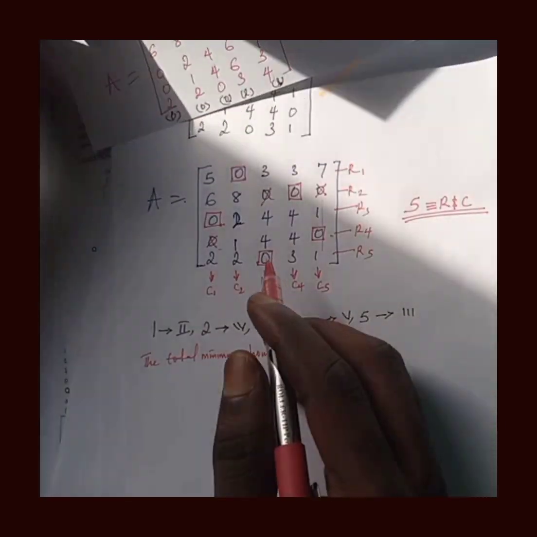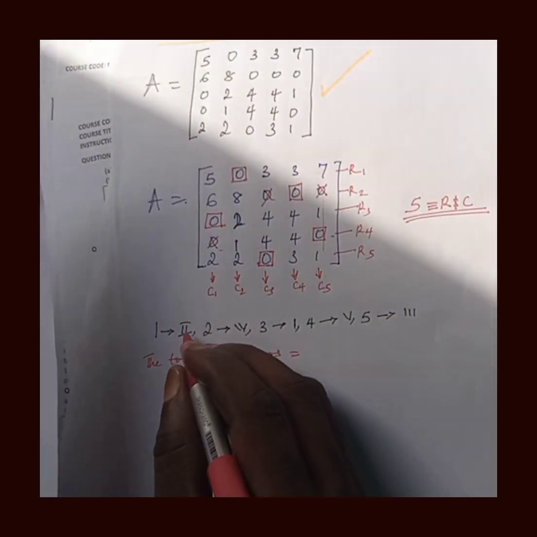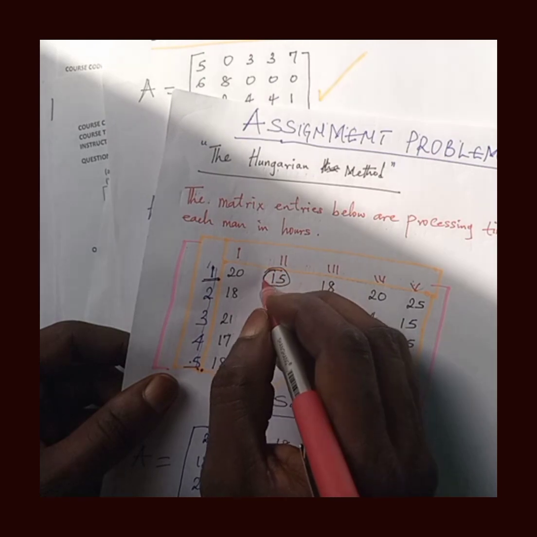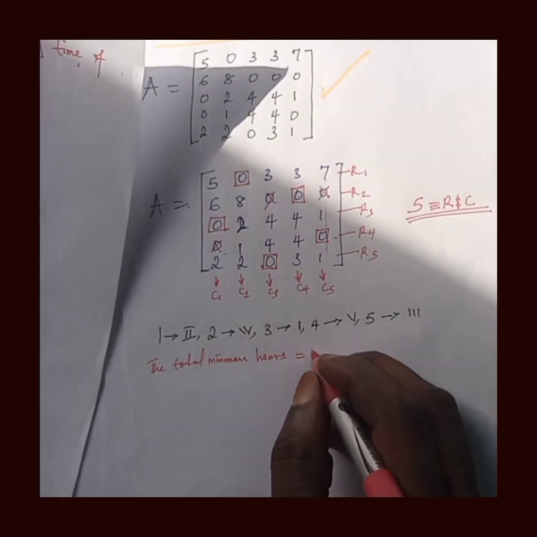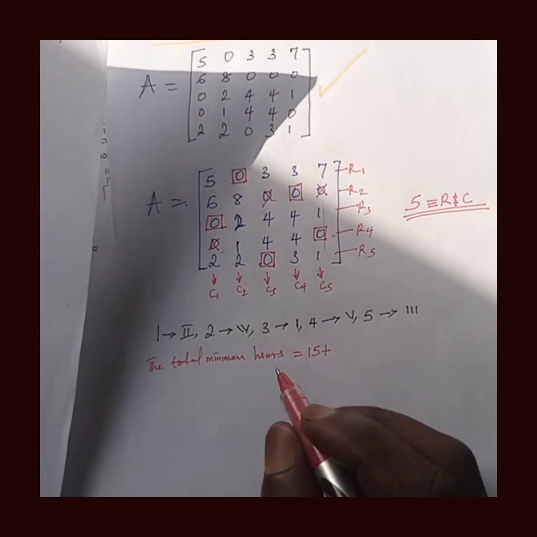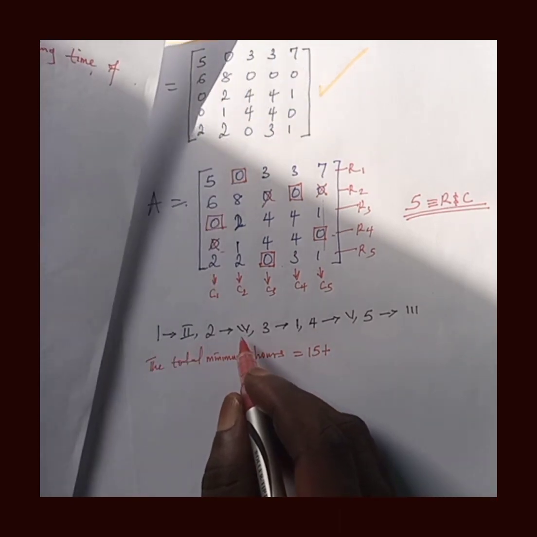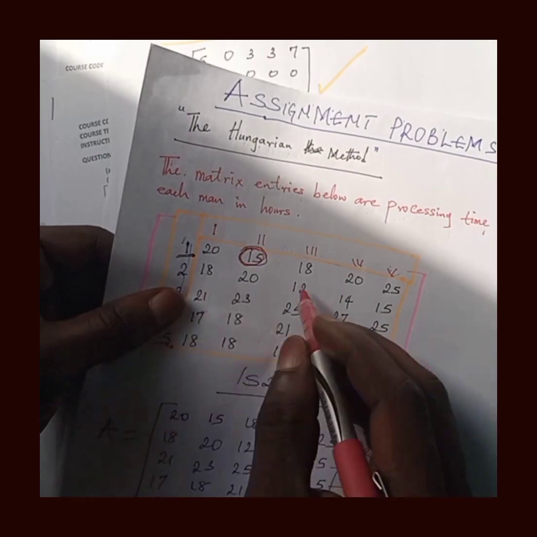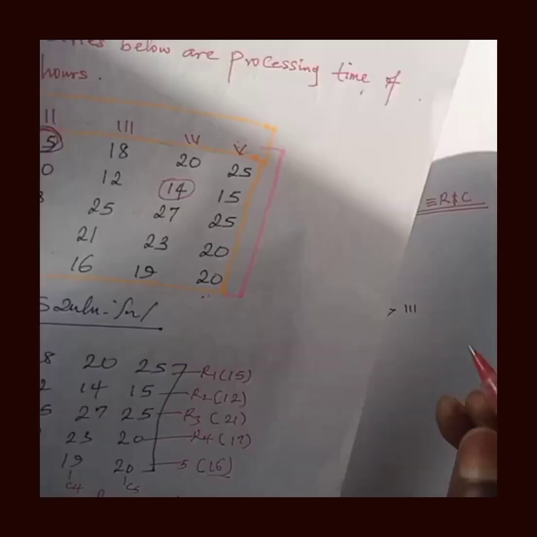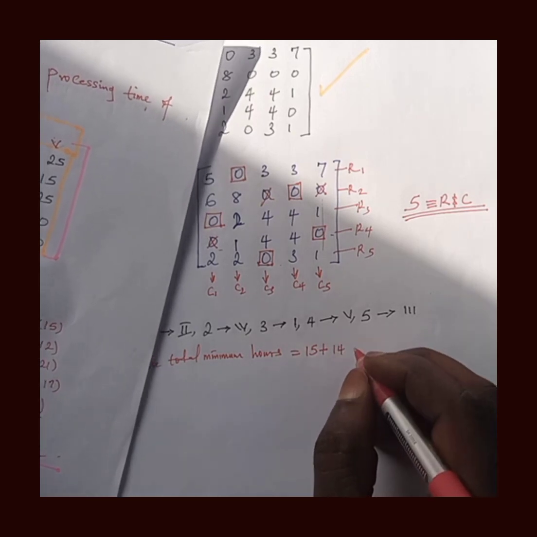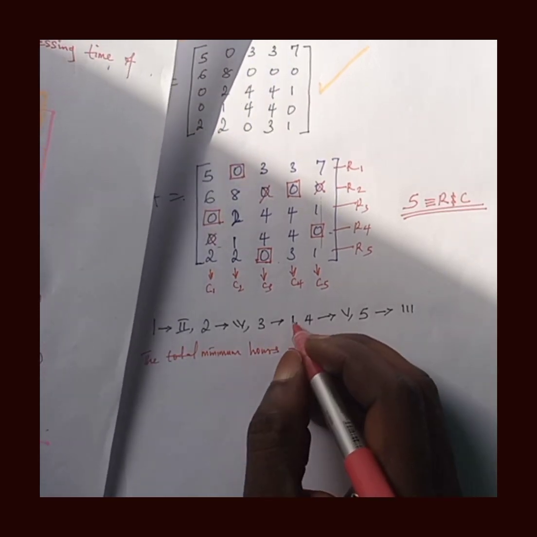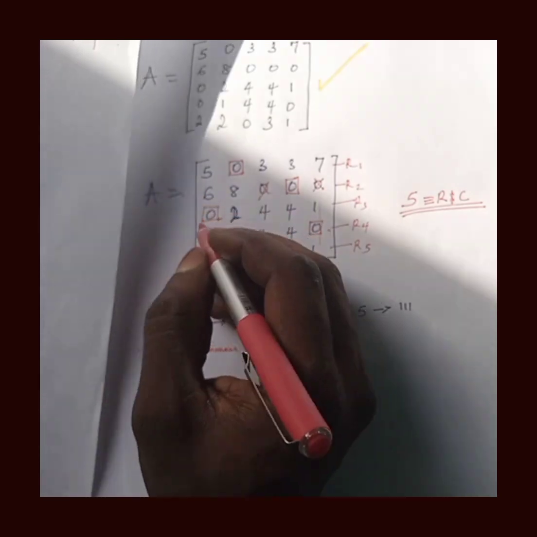The first person that we assigned the second job, the initial value is 15 hours, plus the second person is going for number 4, which is this. So we are going to take 14 hours.